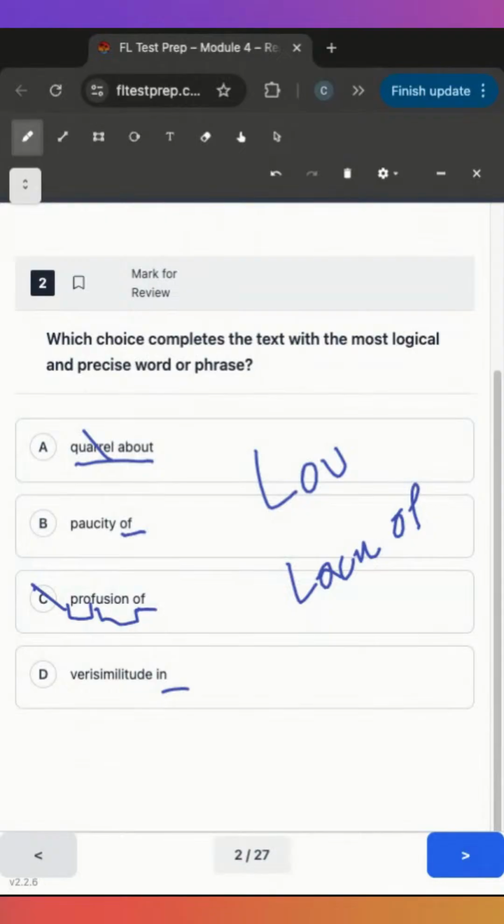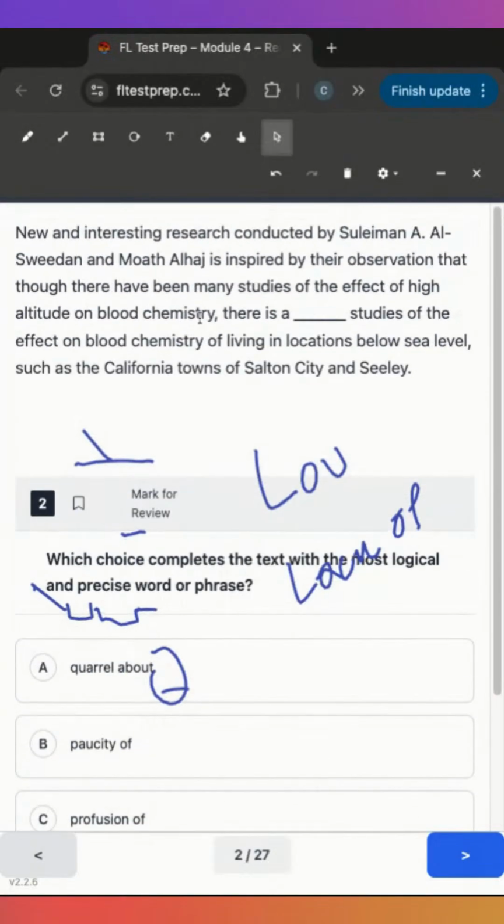I really don't know what verisimilitude means, but it does end with in. So are we talking about the studies or something in the studies? Let's take a look. There have been many studies of the effect of high altitude. So there is a lack probably of studies. Does that make sense?